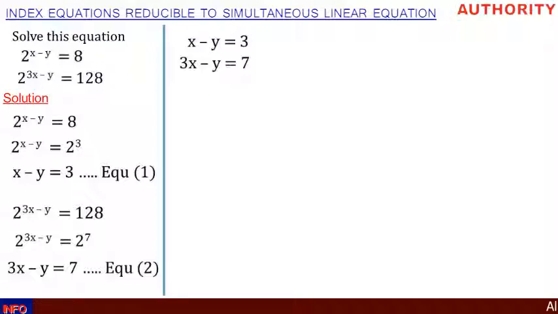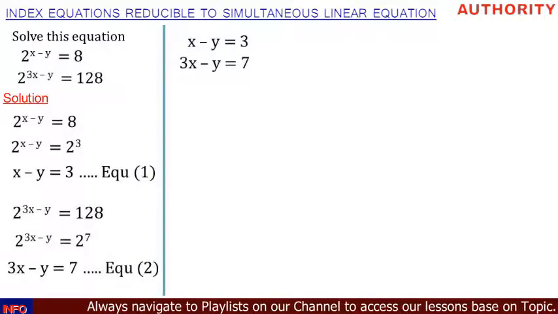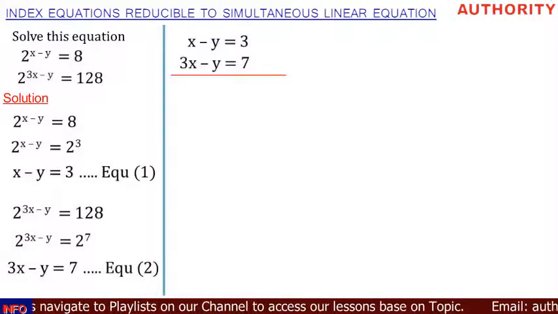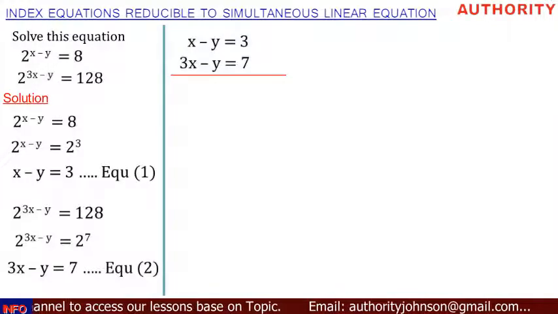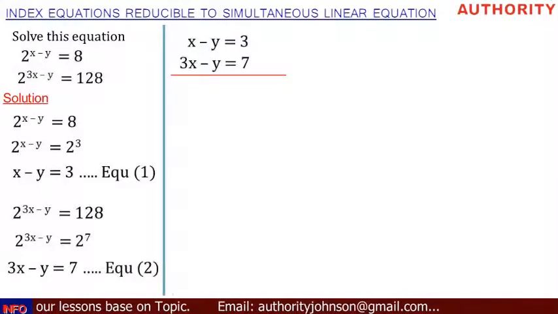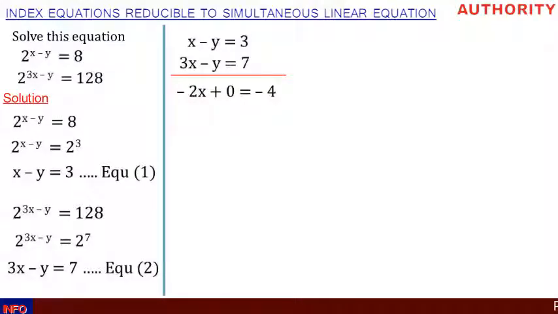Let's use the method of elimination. Let's eliminate y, and we ask ourselves what we can do to these two equations so that y will be eliminated. We simply say equation 1 minus equation 2, and y will be eliminated. Now x minus 3x gives us minus 2x.